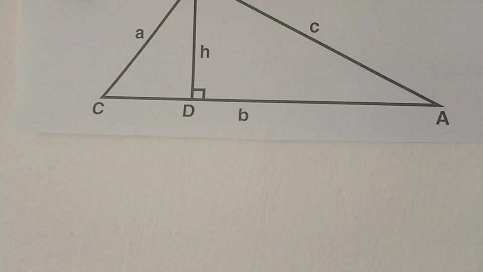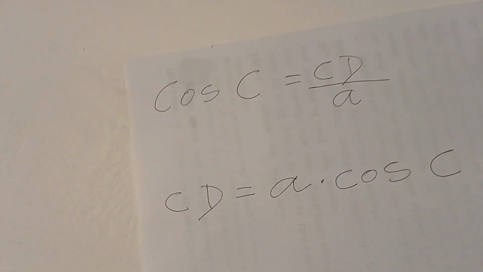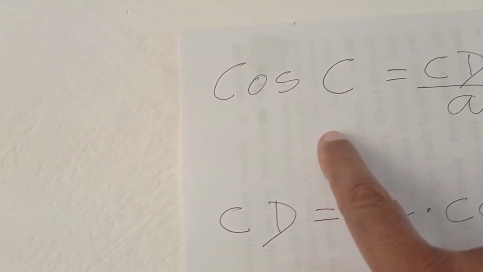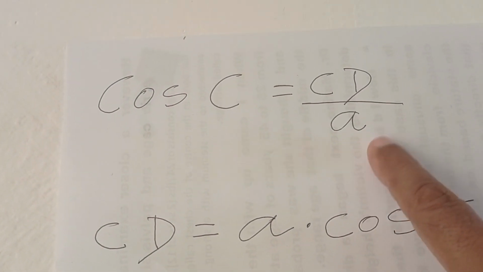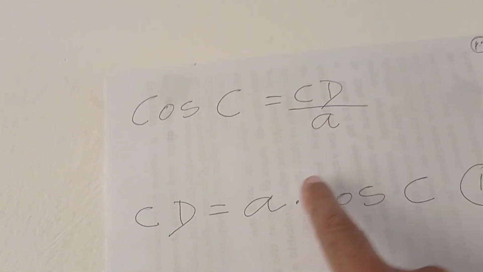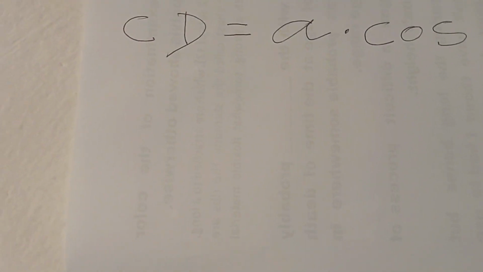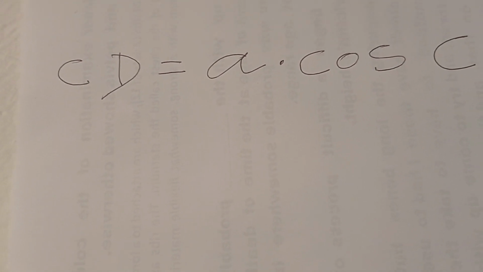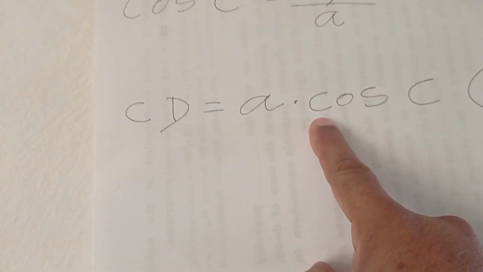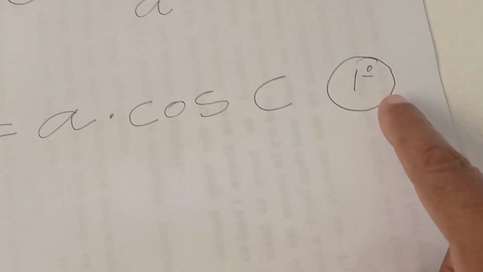So we can write that cosine of C equals CD divided by a, the hypotenuse. Then we can write that CD equals a multiplied by cosine of C. Here it is, and we get this formula.